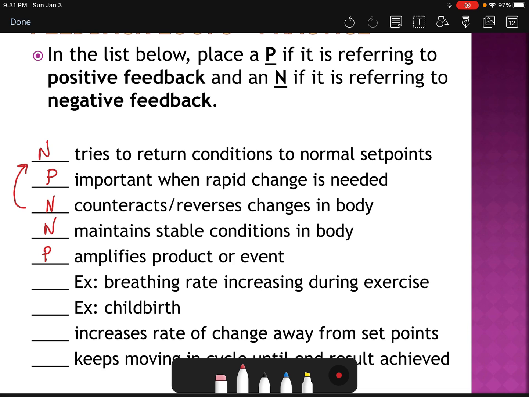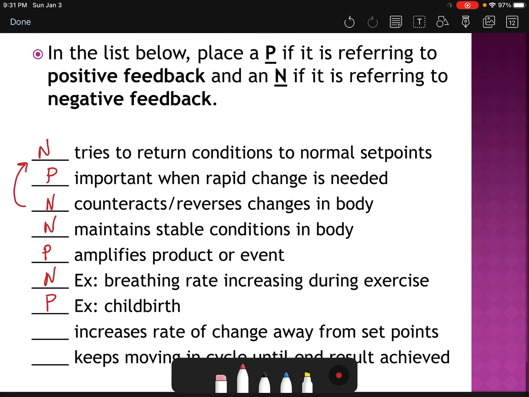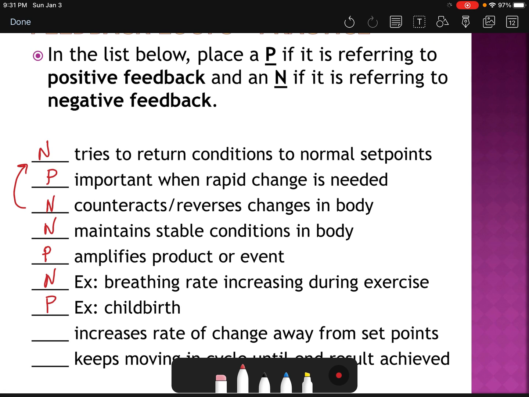An example is when your breathing rate increases during exercise. Okay, that's actually an example of a negative feedback loop. We're actually going to talk about that more in the next one. And childbirth is a positive feedback loop. We don't get to that till the next PowerPoint, so we'll talk about that next. Increases the rate of change away from a set point.